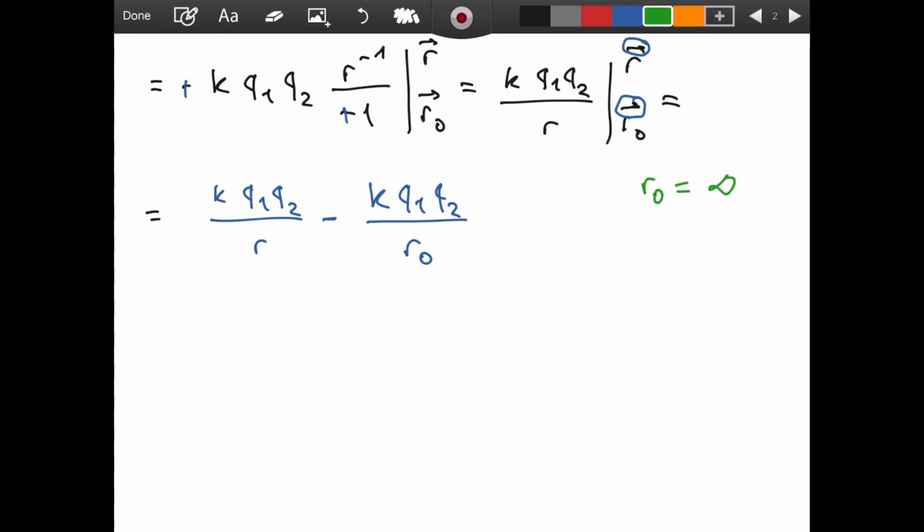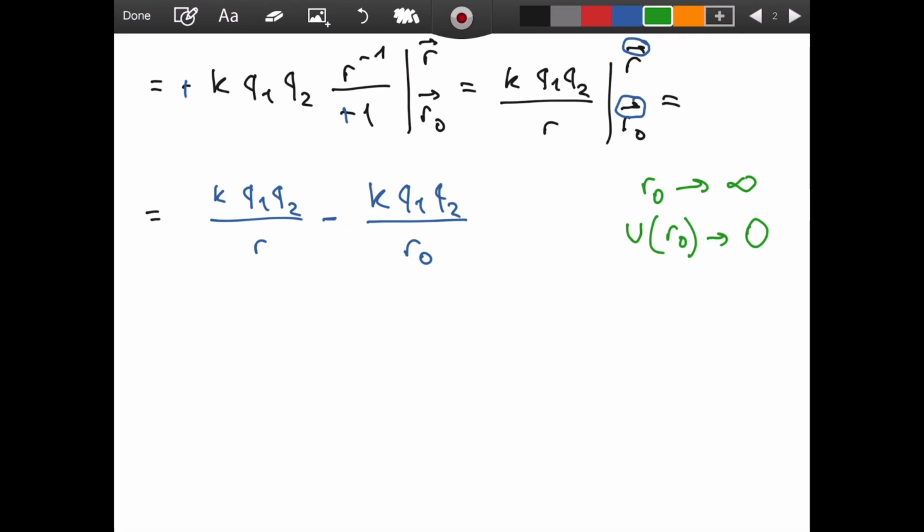It is going to infinity. And as a result, U of r naught will logically be 0, because as I said, we can even see from the force formula that the effect of the particles decreases. It becomes very close to 0 when we have huge distances, and if we take it to the limit, then the U at our reference point of infinity becomes 0.